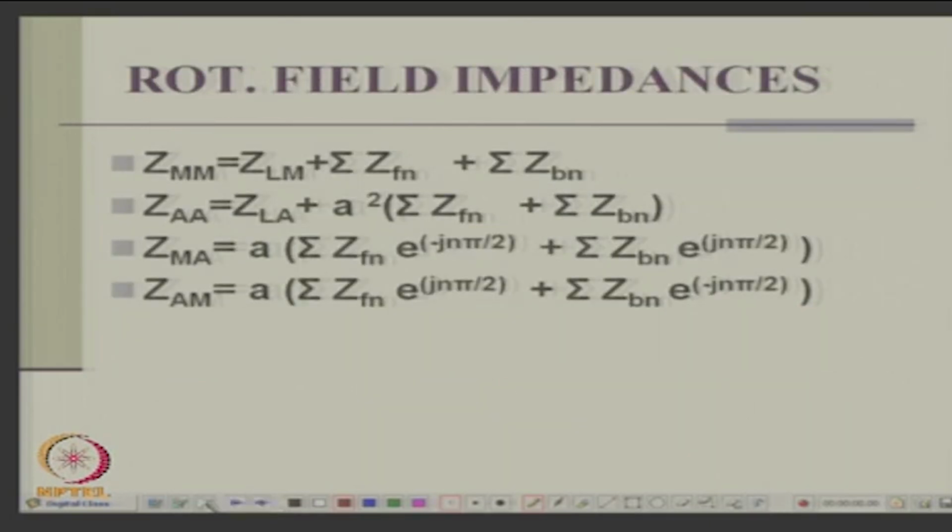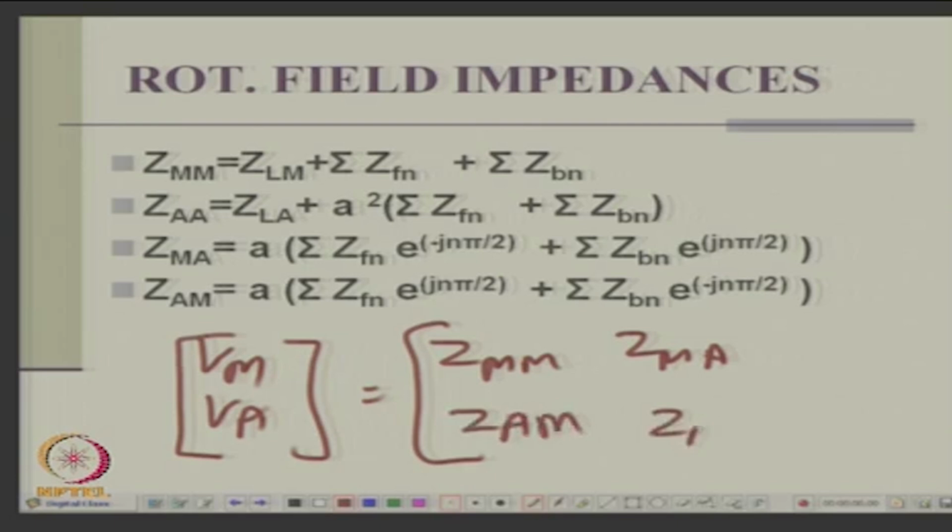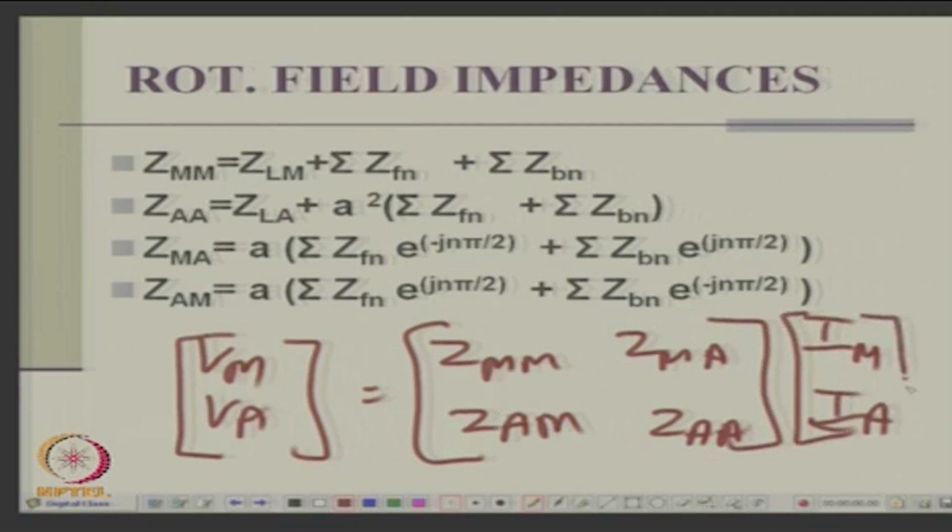Then in the last class we said you can always write this as Vm, Va equal to the impedance matrix Zmm, Zma, Zam, Zaa, multiplied by these RMS values Im and Ia, isn't it? This is what we said. And what are the values of these?